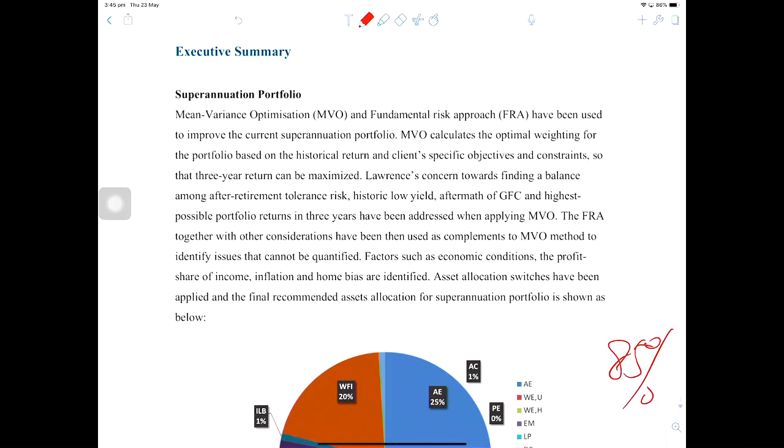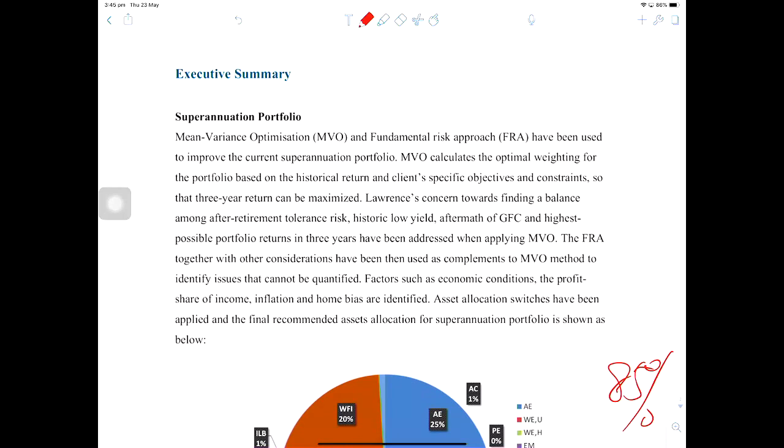So let's have a look at the strength of this writing, particularly the first paragraph. So firstly, the analysis approach, the objective incorporated and risk measures incorporated in the analysis method.